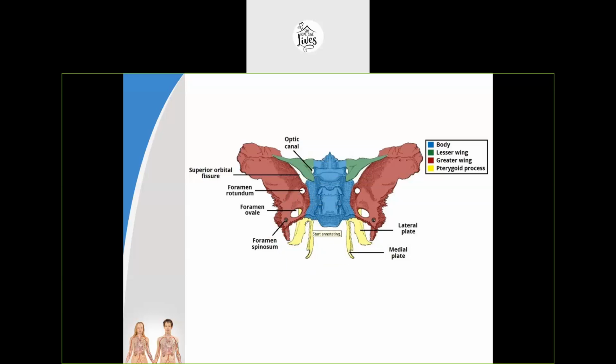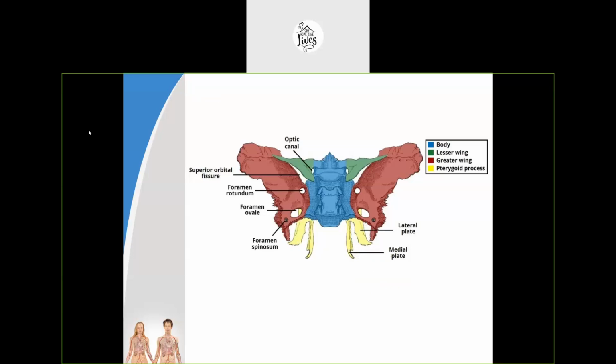So these processes are projecting inferiorly from the greater wings, and these processes have the medial and the lateral plates, and they are attachment sites for the pterygoid muscles, and those muscles are helping to close the jaw while chewing, and they're named respectively, like we have the medial pterygoid and the lateral pterygoid muscles that are chewing muscles.